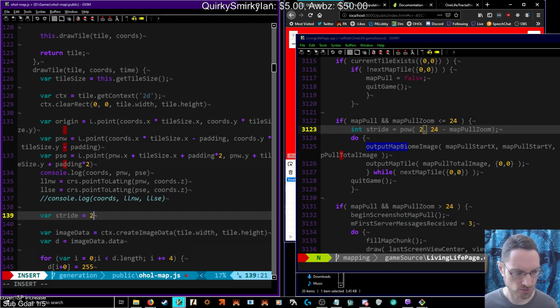Stride equals. Do you have? I think it's just math.pow, 2 to the 24 minus coords.z. So we've got northwest and southeast.